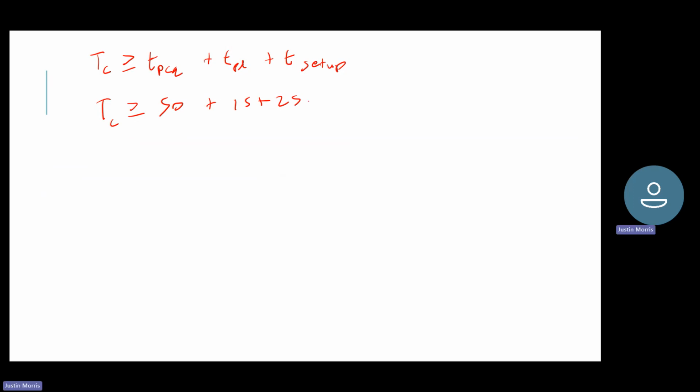And then that gives us T. This is our minimum clock period.